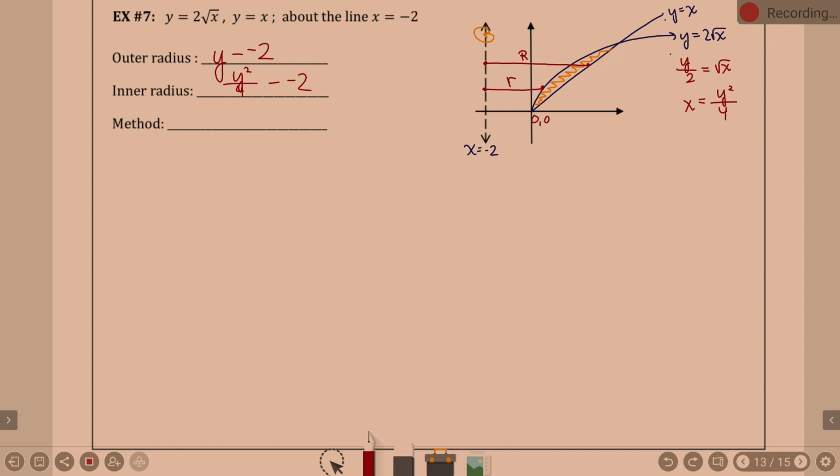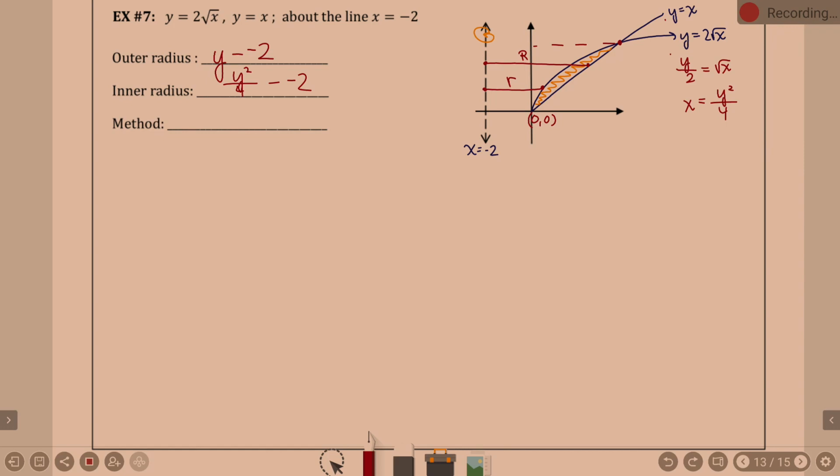And then we need to know how high this goes. We really technically only need the y boundary, yes? But here's the deal, it's y equals x. Aren't my x's and y's going to be the same?